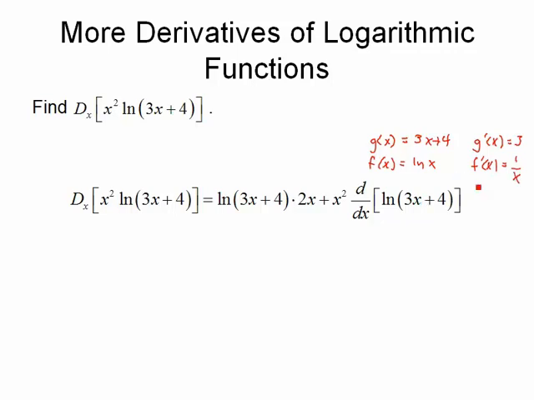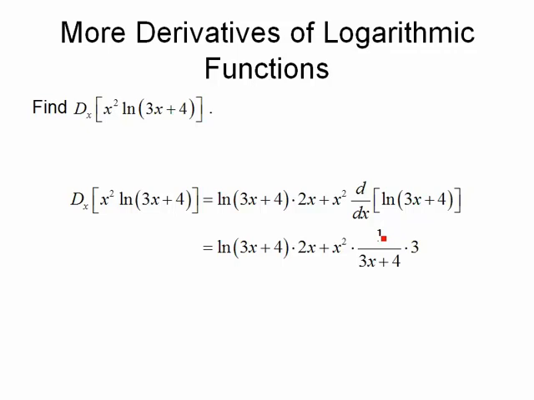So I'm going to take my f prime, I'll put g into that, and then multiply by g prime. And that will go in place of this derivative. 1 over x, I put in the inside part, and then I multiplied by the derivative of the inside.